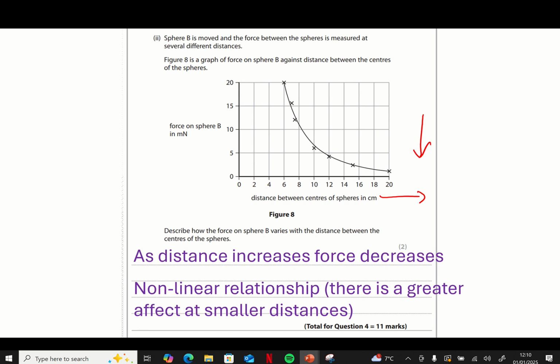Now, if you're asked to give more detail on this, what it's saying is moving a small amount at the start has a big effect, whereas moving that same distance here, you can see it has diminishing returns. So at smaller distances, there is a bigger effect. And that's that question done.